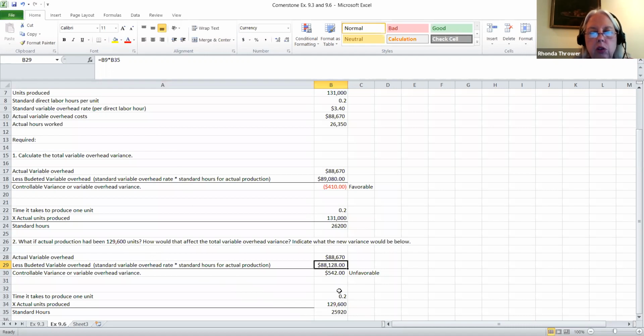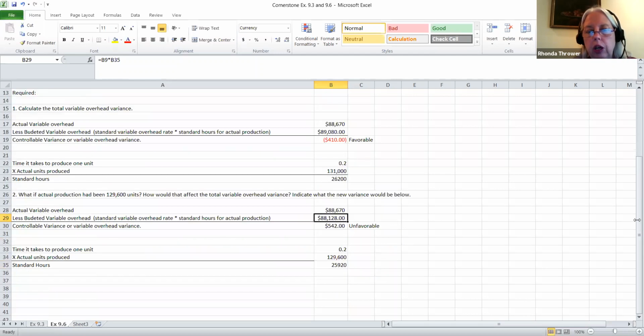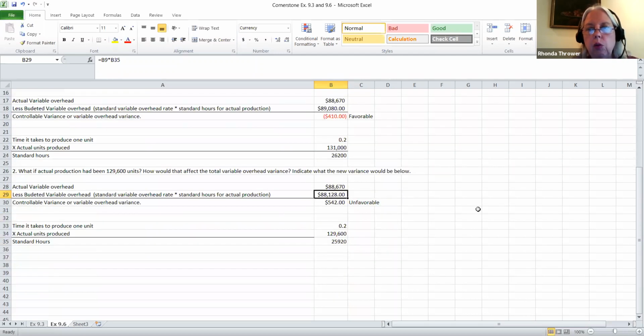It was still 2 parts of an hour that it takes to produce one unit, but the actual units produced changed, so that makes the standard hours change. If the standard hours change, then the budget amount's going to change. The difference between your actual and your budgeted amount still gives you the variance, but this time it's unfavorable at 542,000.